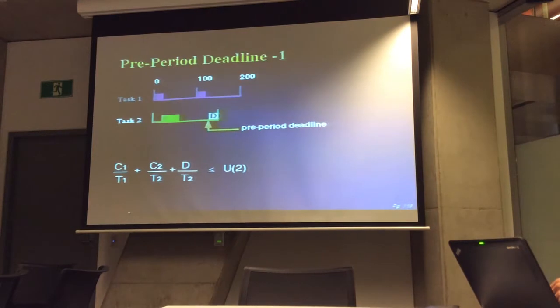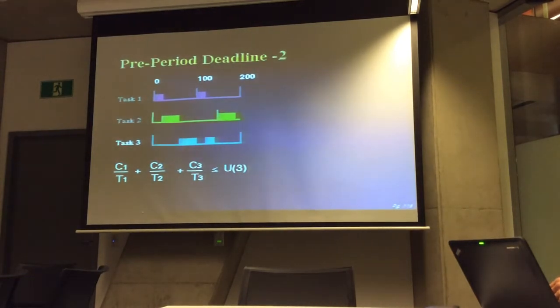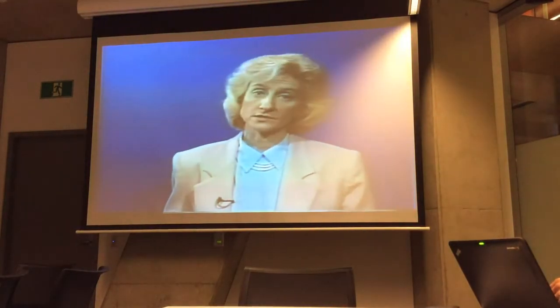Notice that if you add the dormant time, the length of the pre-period deadline, to the execution time of the task, you only do that when computing the schedulability of the task itself. If you then move on to a lower priority task, the one with the pre-period deadline is a preemption factor, but it is only the normal actual execution time of that task divided by its true period length. So much for examples of extensions of a model.